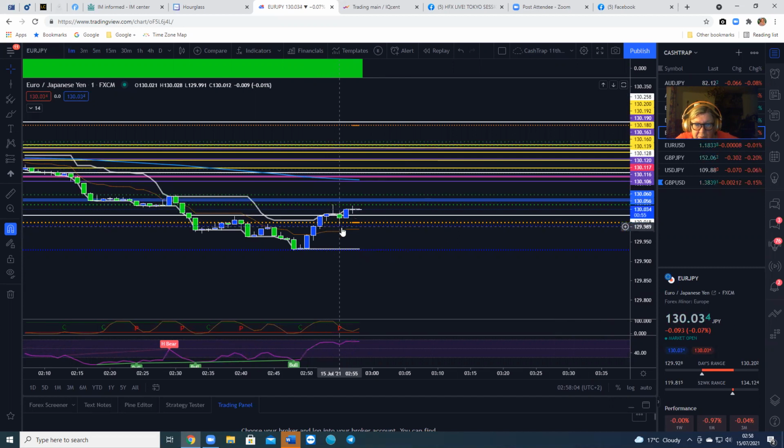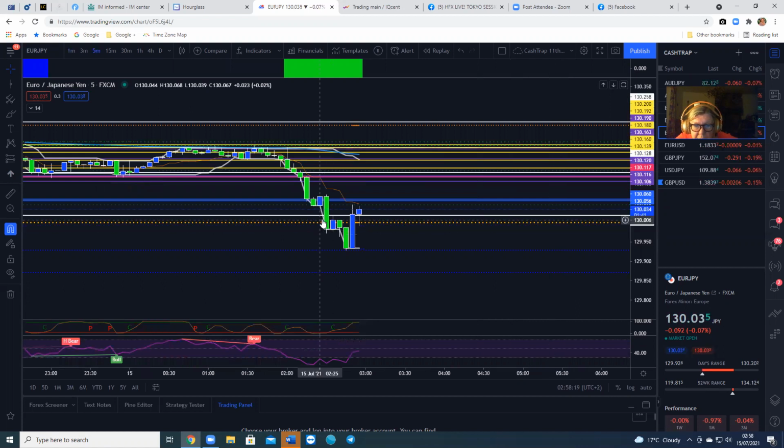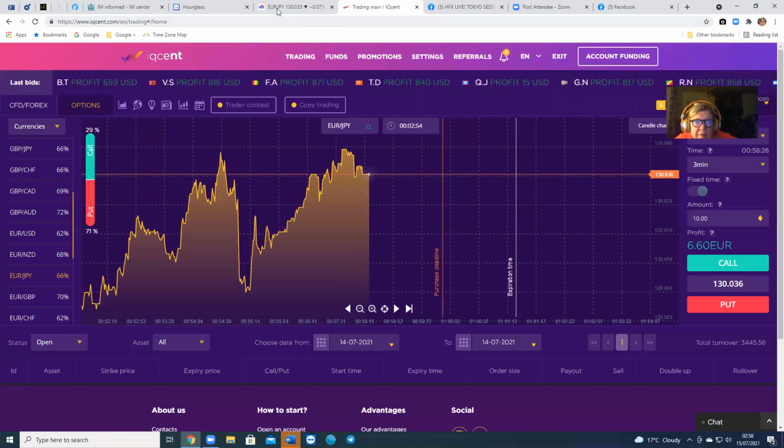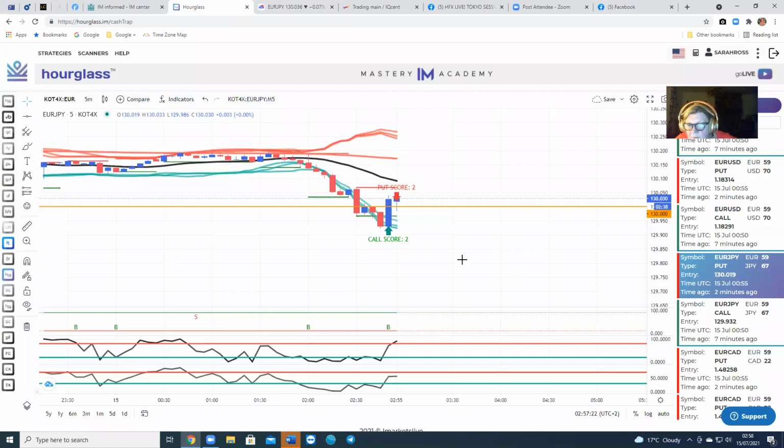It's done a break and a retest above our quarter point line. And that level is 46. It's off that midline at 47. Let's have a look at hourglass.